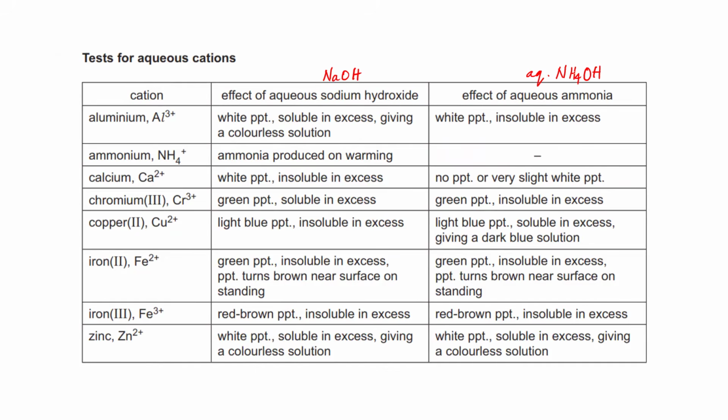Aqueous NH3 is also called ammonium hydroxide solution. So how to check? Add aqueous ammonia, a precipitate forms, then add excess aqueous ammonia. The precipitate dissolves, and the solution gives a dark blue solution. Okay, so this will be our test.